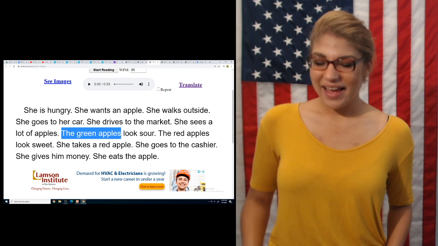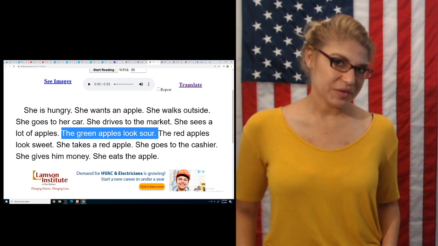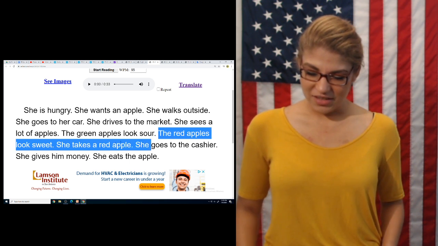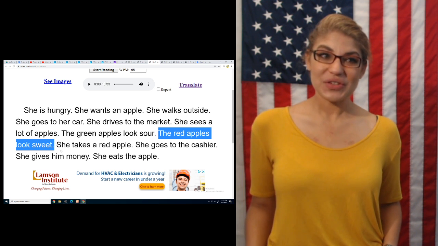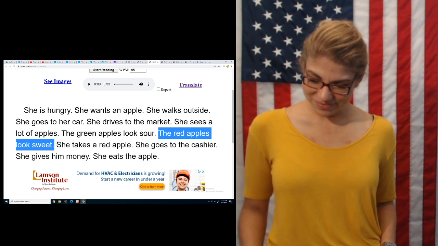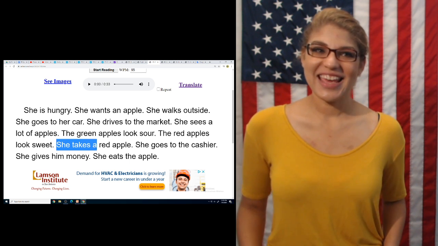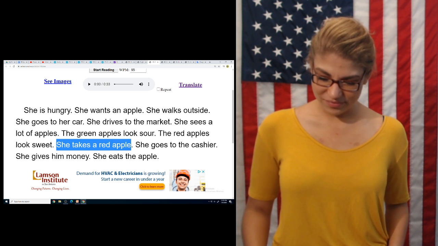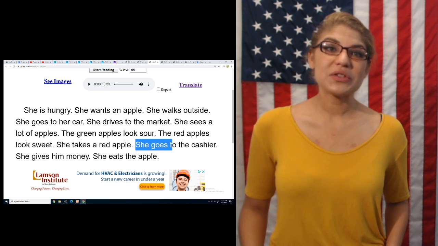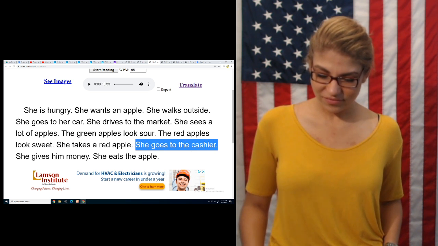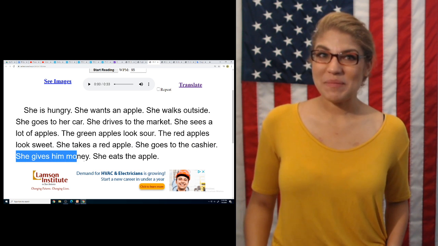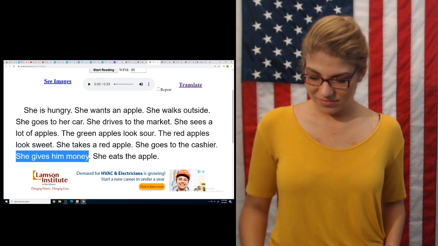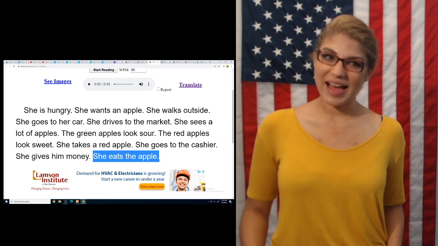The green apples look sour. The red apples look sweet. She takes a red apple. She goes to the cashier. She gives him money. She eats the apple.